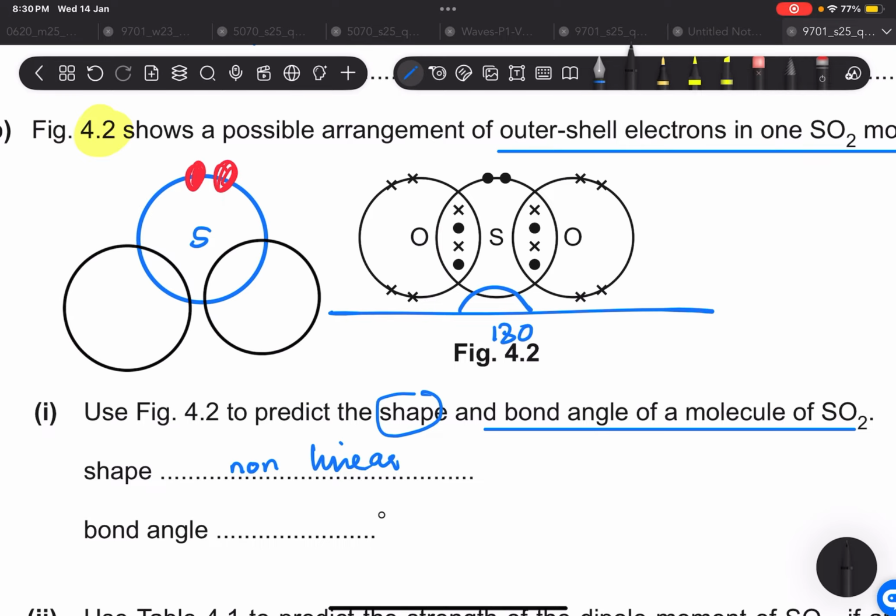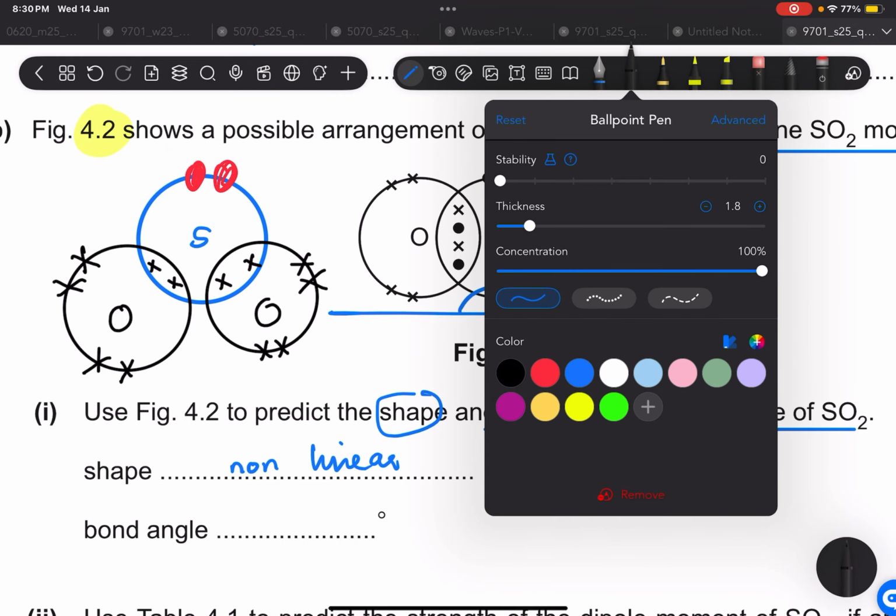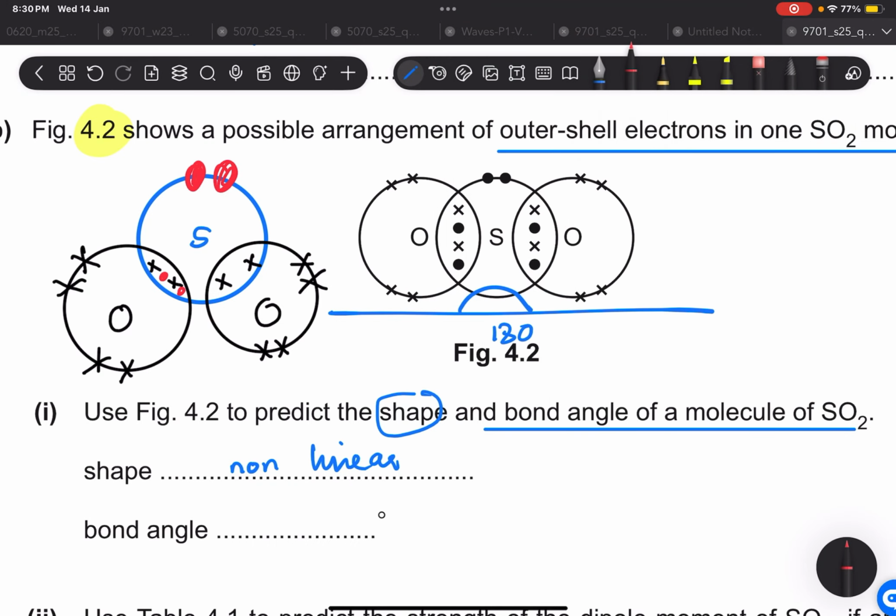So it's going to be oxygen, oxygen, and now you're going to have two pairs like this. 1, 2, 3, 4. Then there is 1, 2, 1, 2. Done. So it's going to be something like this. That's a non-linear shape. You can think of it as a water molecule shape.